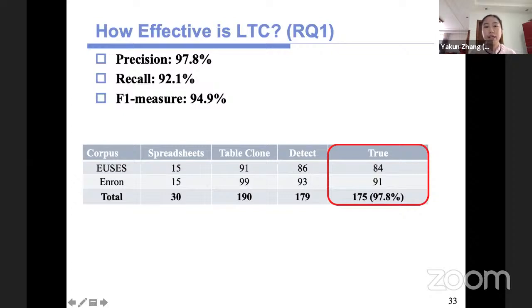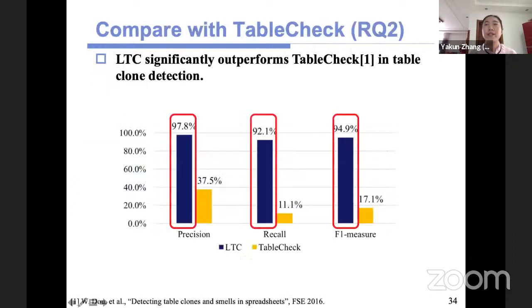The second one is to compare it with the existing table clone tool, which we call TableCheck. We also compared with them on the same data set, comparing precision and recall.